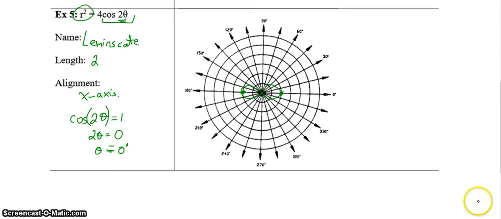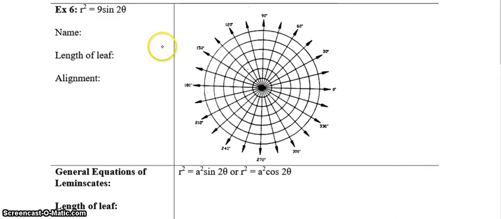Okay? And let's go to the next one over here. Lemniscate. Again, how do I know? r squared and 2 theta. Those are your 2 keys. Your length of the leaf, well, again, r squared is equal to 9. What's r?